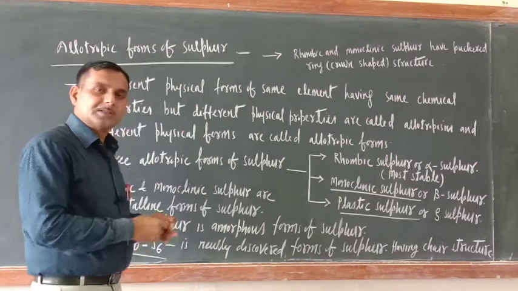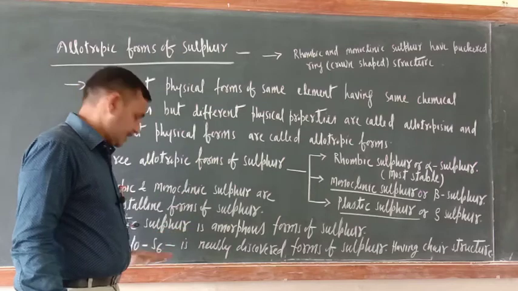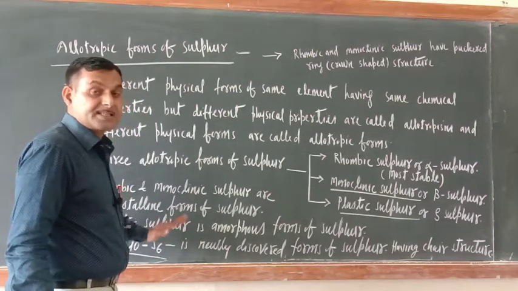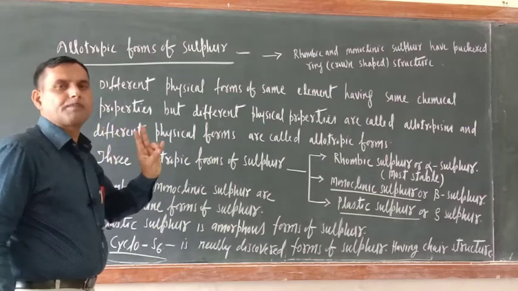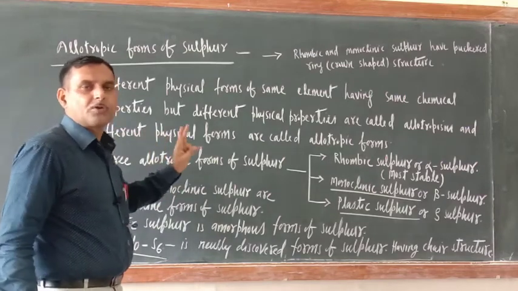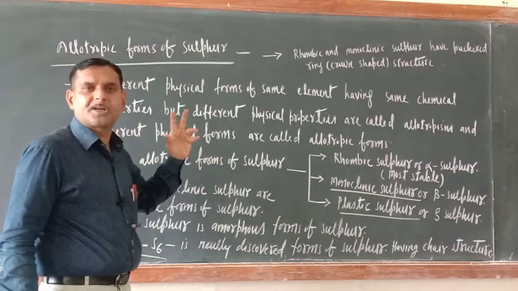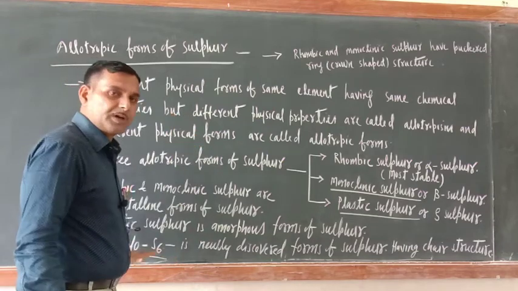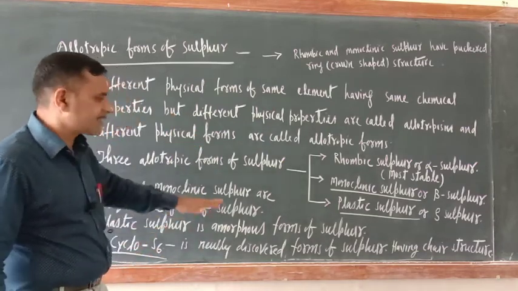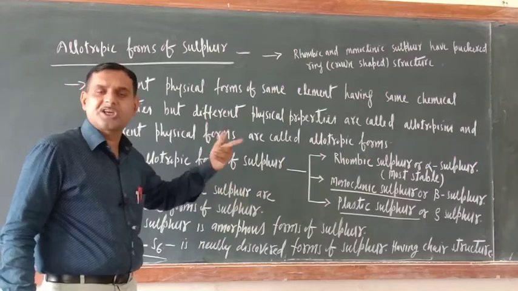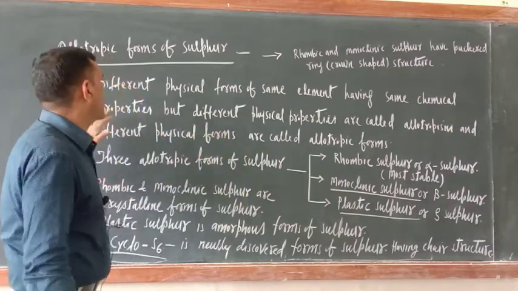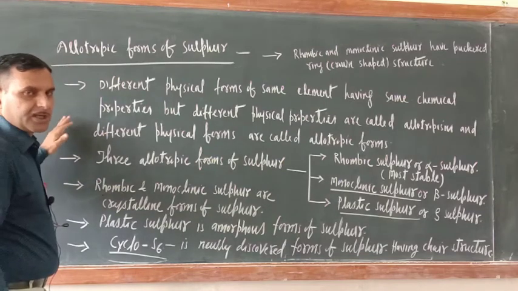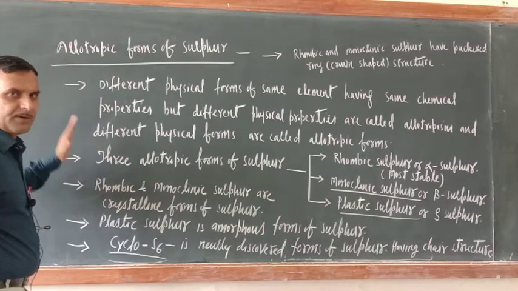In the same way, this sulfur cyclo S6 has a chair-like structure. So keep in mind, monoclinic and rhombic sulfur have the puckered ring structure, while the newly discovered cyclo S6 has the chair shaped structure. This is all about the introduction of allotropic forms of sulfur.